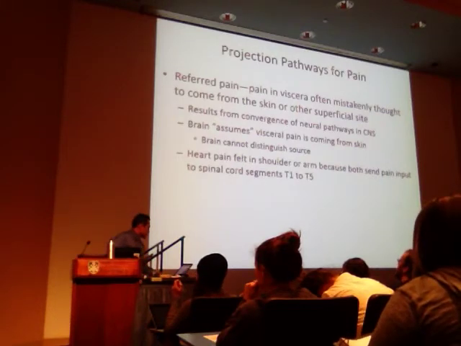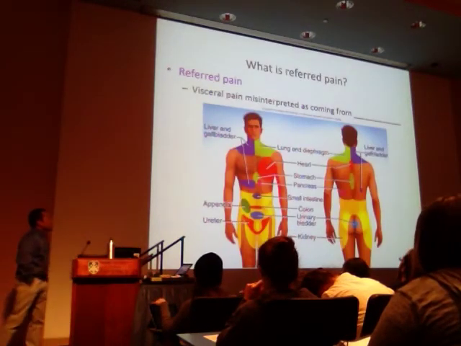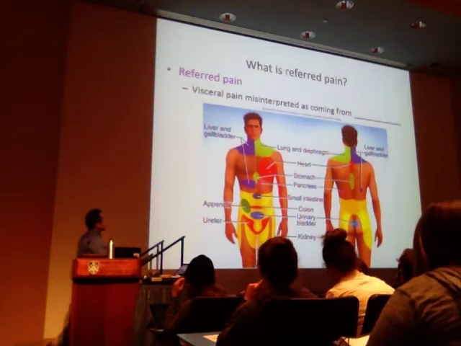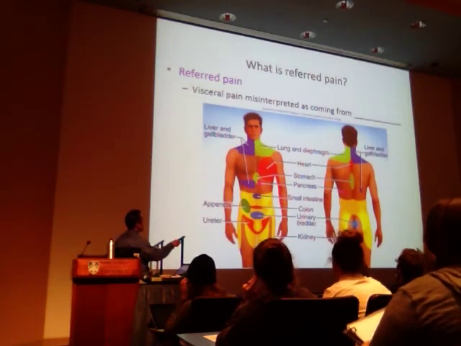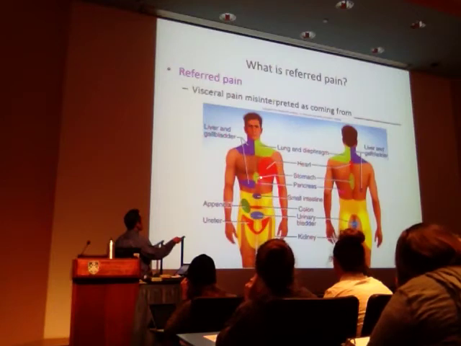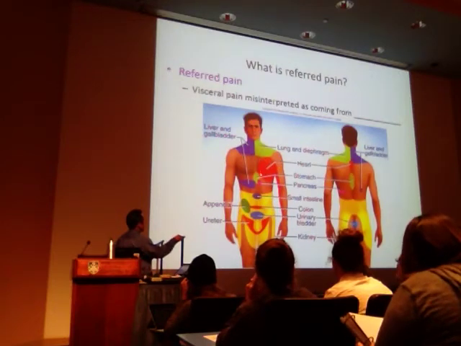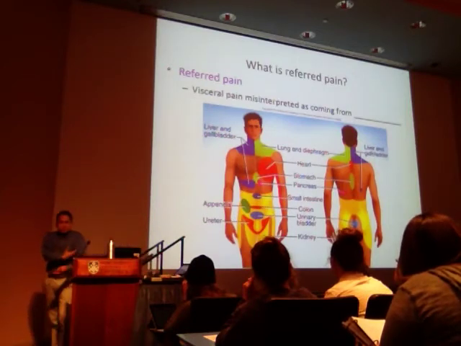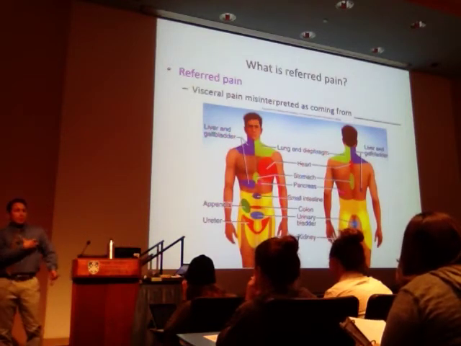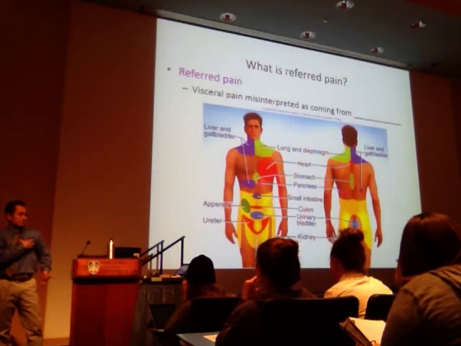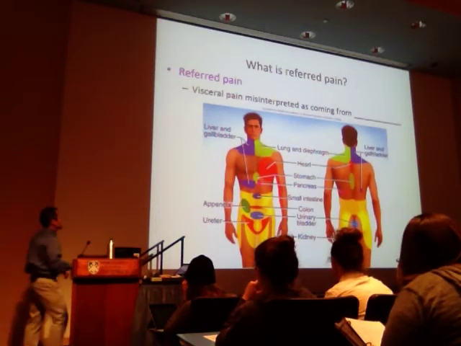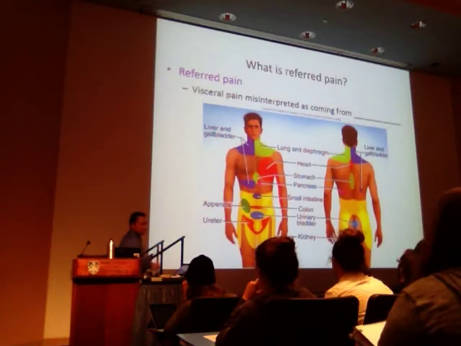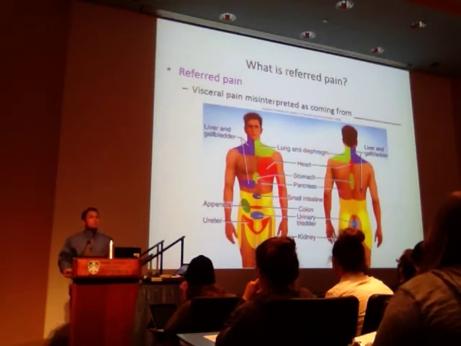If you look at this referred pain diagram, the left figure, you can appreciate that this region here, from T1 to T5, not only serves the left upper thoracic cavity, but it also has shared pathways to the left arm. And so that's that distribution of shooting pain down the left arm when there's actually chest pain. Make sense? So this is visceral pain misinterpreted as coming from a more superficial location.